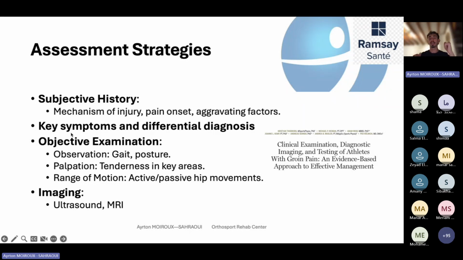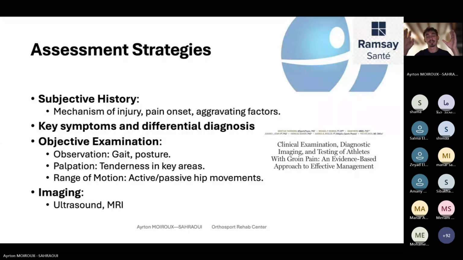Okay, there was pain in the adductor area, but I also checked and there's some internal rotation deficit, or there's a hip extension deficit. Here it was a lecture about groin pain, so I'll focus on groin pain. But of course, the pain can be from the hip, and you need to know if it's a hip pain or a groin pain, but it can also be from the pelvis.